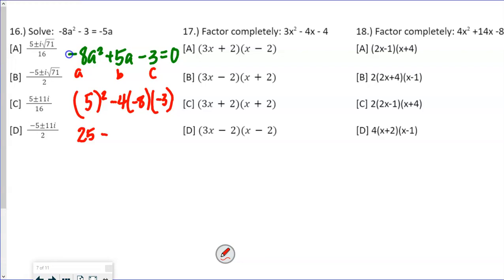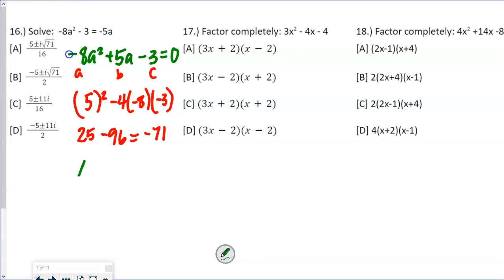So this one is 25 minus 96, right? So that's going to equal negative 71. So pause right here. So we know that our answer is going to have what in it? I. Well, that did not help us eliminate anything this time, did it? That's okay. We're going to proceed, okay?